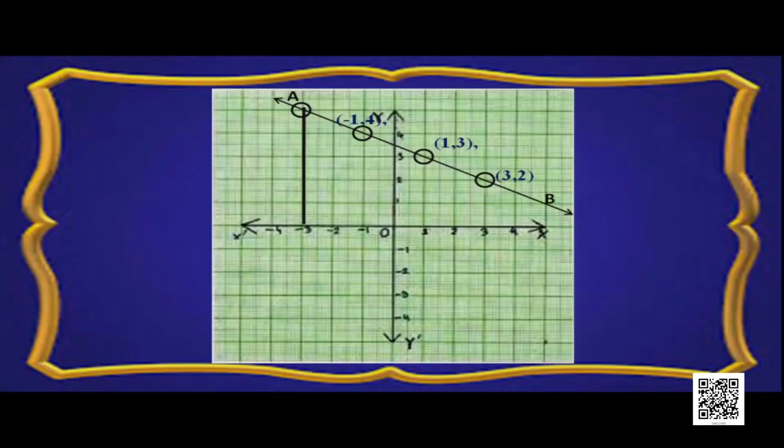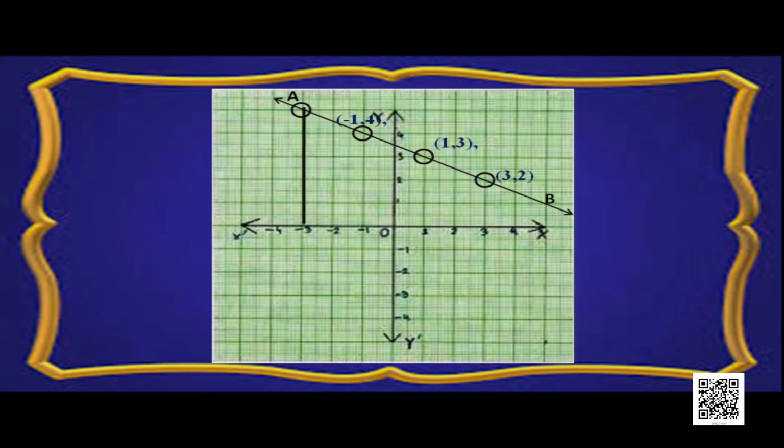Now let's find another point. And what is the coordinate of this point? To find the coordinate of this point, draw a perpendicular line from that point to the x-axis. We can see that it meets the x-axis at minus 3.